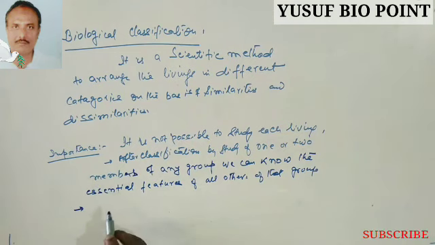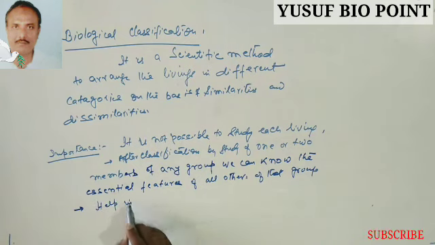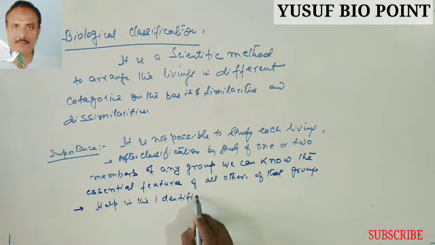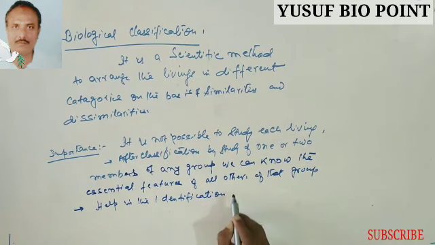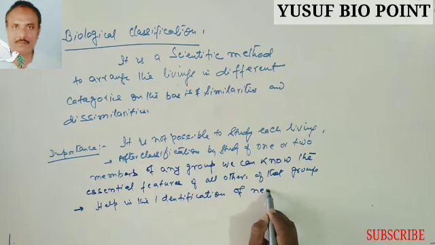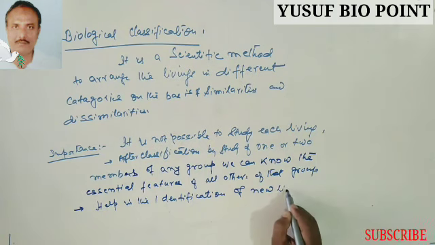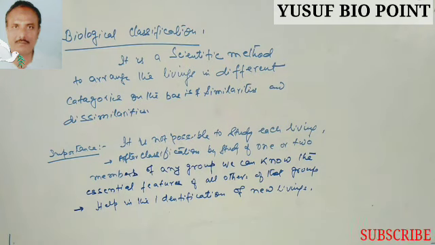Next, classification helps in the identification of new livings which are discovered now. So by the help of classification, we can identify those livings which are yet undiscovered.